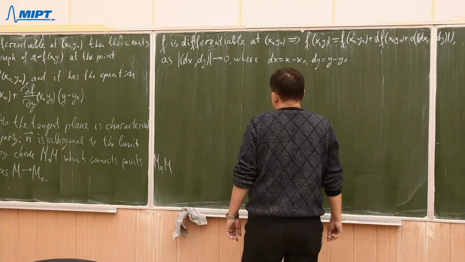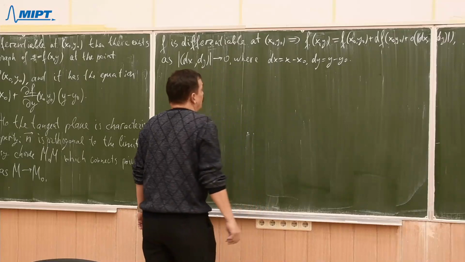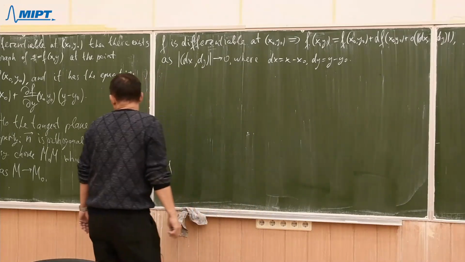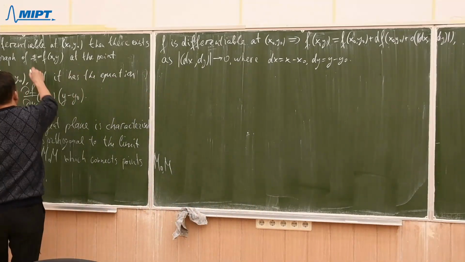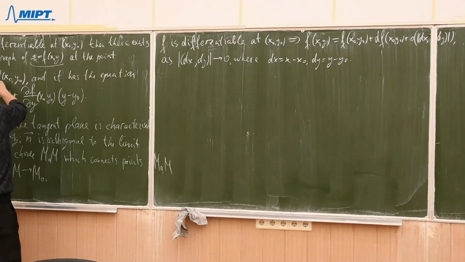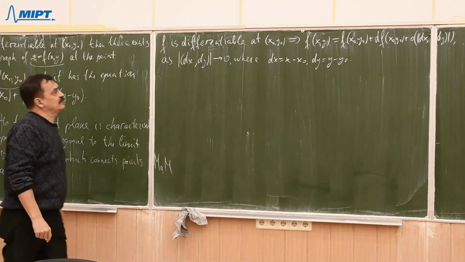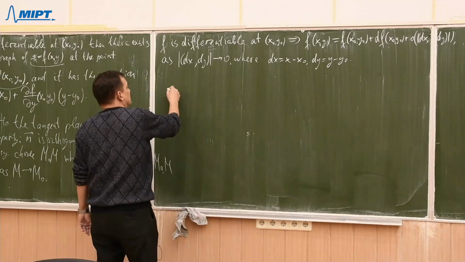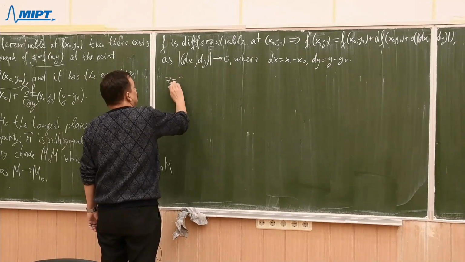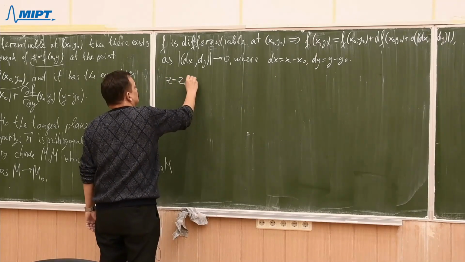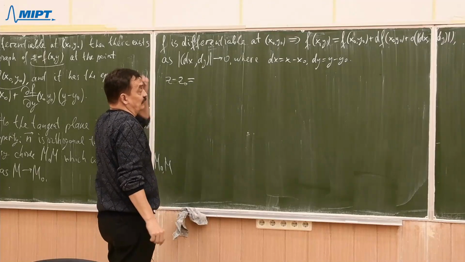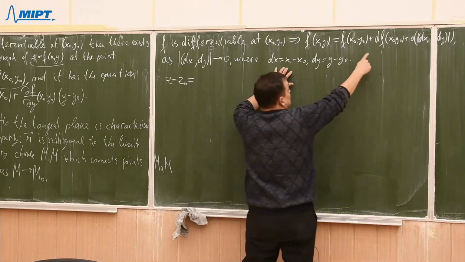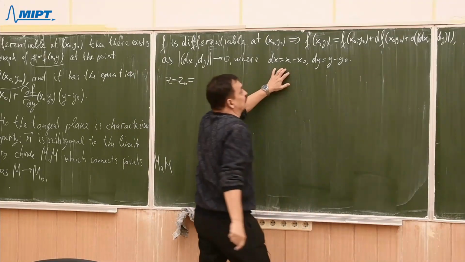So if we remember z equals f of x, y, z naught equals f of x naught, y naught, then I can rewrite it as follows. z minus z naught equals, now let me write down the differential.